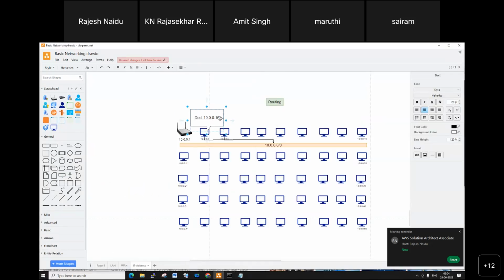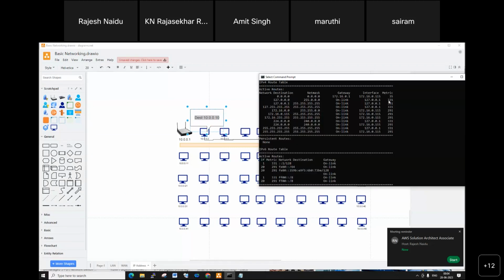So this destination will be 10.0.0.100. This system will be communicating with the routing table, and based on the routes, they will get connected. Suppose I have a system with a 172.16 IP address; then my routing table will be different.